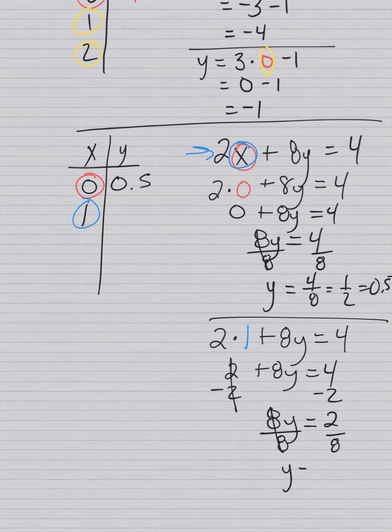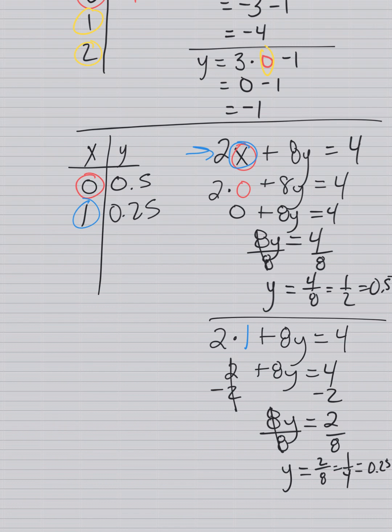So y equals 2/8, or I could reduce that down to 1/4. Or if I put 2 divided by 8 in the calculator, I get 0.25. Any of those answers would be fine. Depends on what makes it easier for you to graph if we were to graph this.